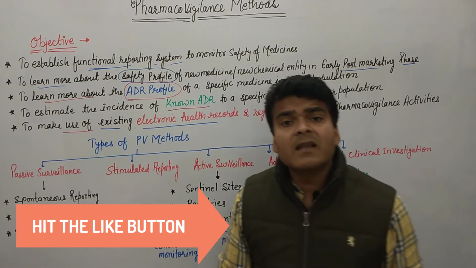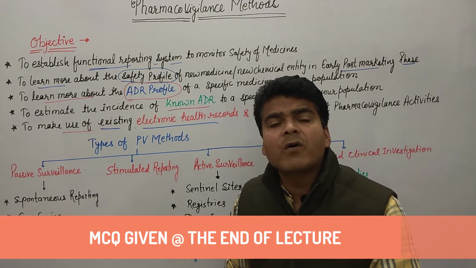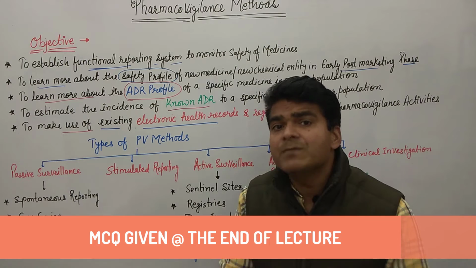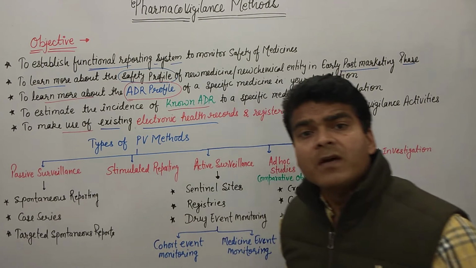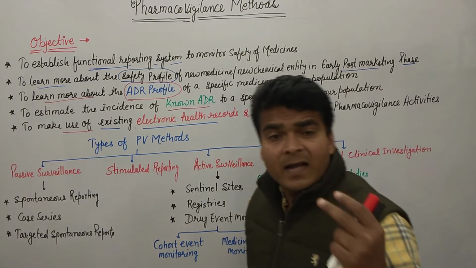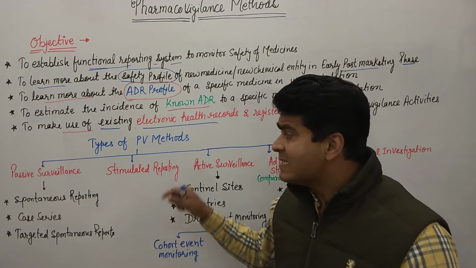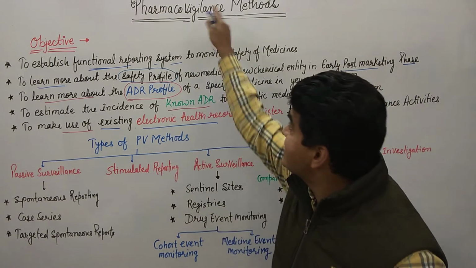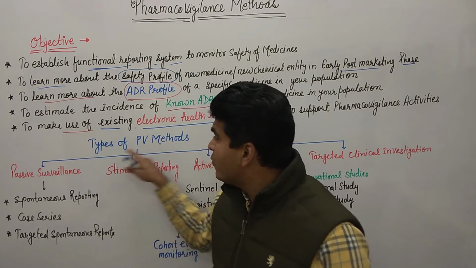Now the next concern is the classification of pharmacovigilance methods, or we can say types of pharmacovigilance methods. As you can see in your university syllabus, there are various subtopics within this category.